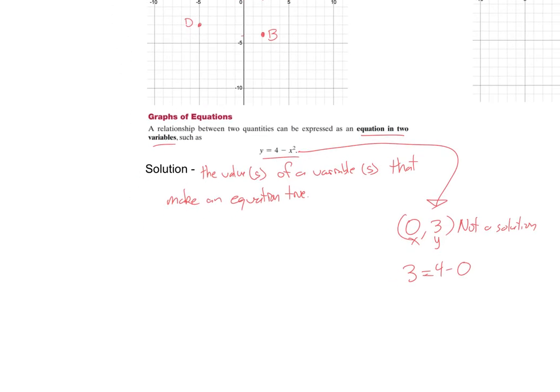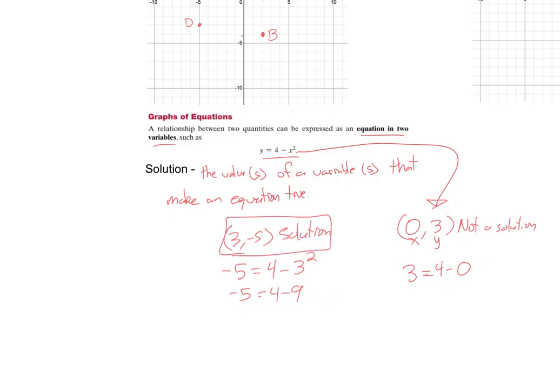Okay. Let's check another one. How about 3, negative 5? So I'm going to put negative 5 in for y. 4 minus 3 squared. Well, that's 4 minus 9, which does equal negative 5. So this is a solution.